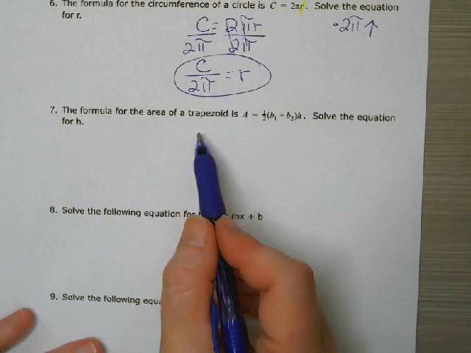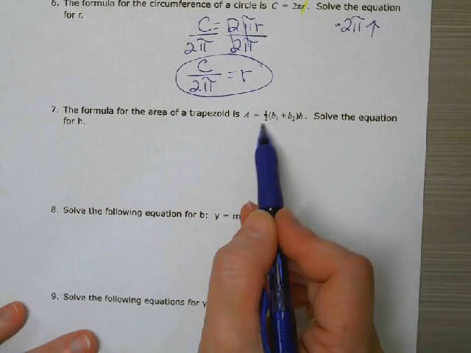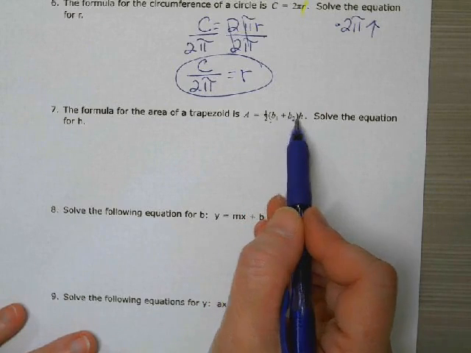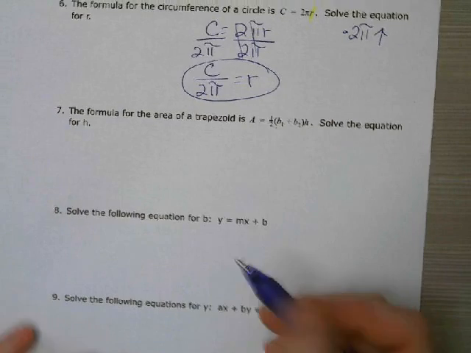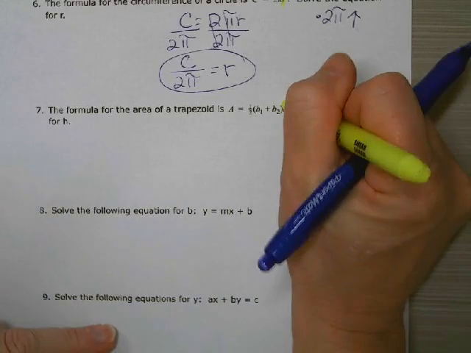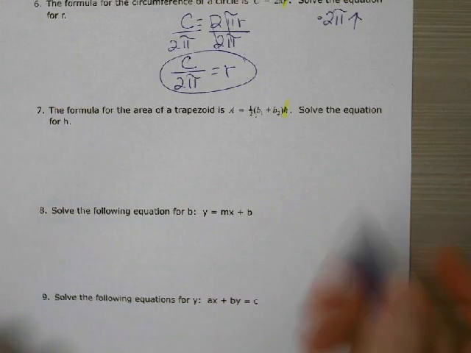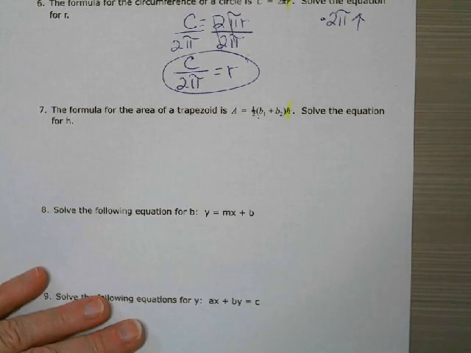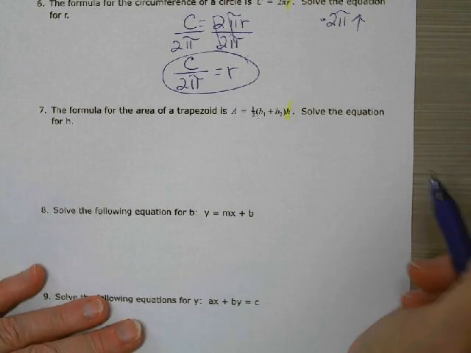So the trapezoid, A equals 1/2 base 1 plus base 2 times height, solve for h. So we're getting h by itself. Okay, so what's happening to h first? Well, this is all multiplication.